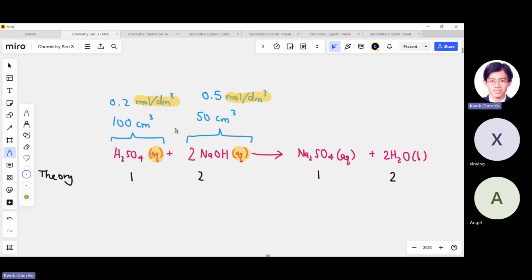Use your concentration formula, of course. Formula number 4. Because the concentration is in mole per dm cube, so you have no choice. You have to use formula number 4.